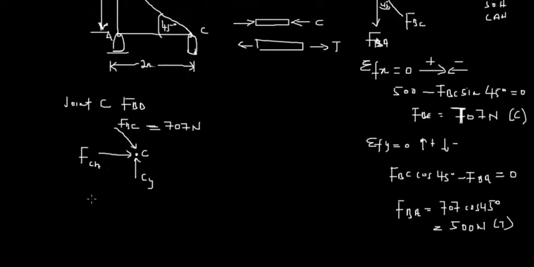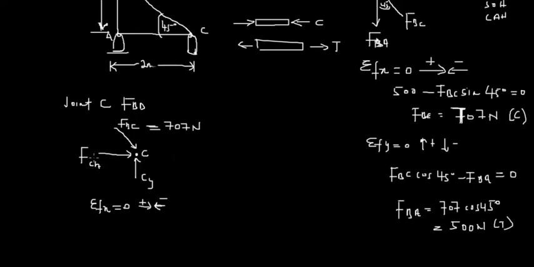So now let's take the forces in the X direction, and we equate that to 0. Forces acting in this direction are positive, so the reverse would be negative. Let's look at the forces acting in the X direction. So we have FCA.